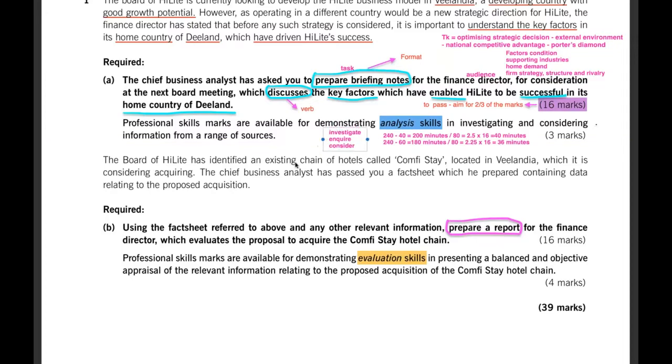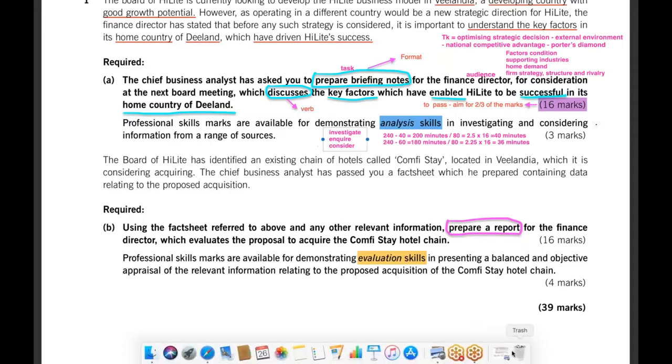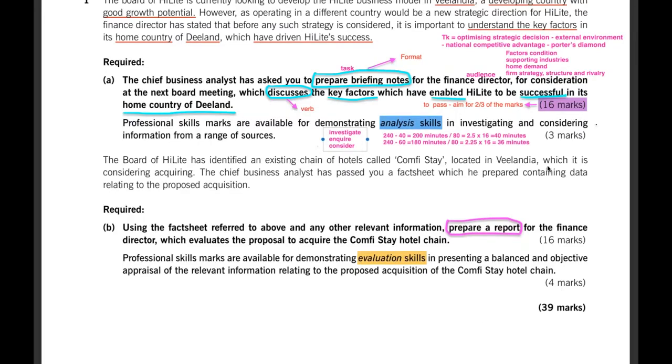So basically that's what your analysis skill is: the ability to investigate, the ability to inquire, and the ability to consider. Any questions so far on this? If you don't have any, then I'll proceed with the next one.